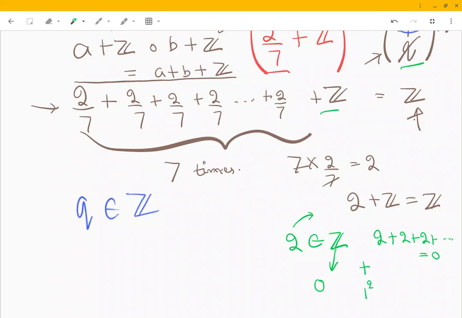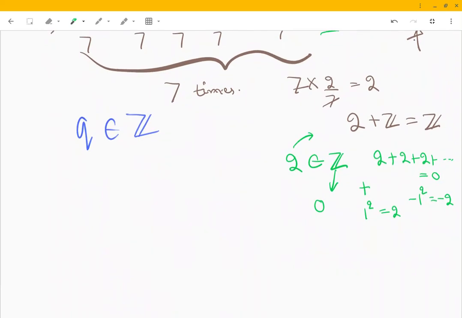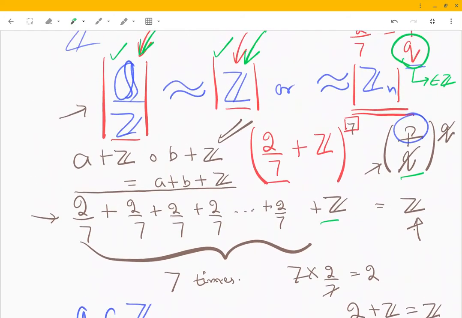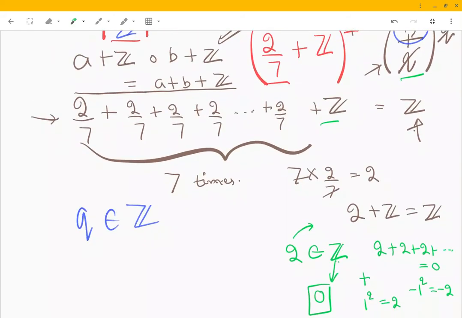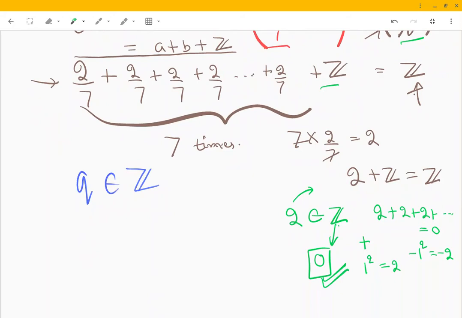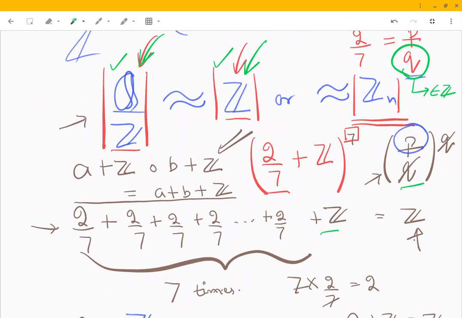So 1 squared is 2, minus 1 squared is minus 2, right? What this implies is that this set has only one element of finite order, and that one element is the identity, of order 1.